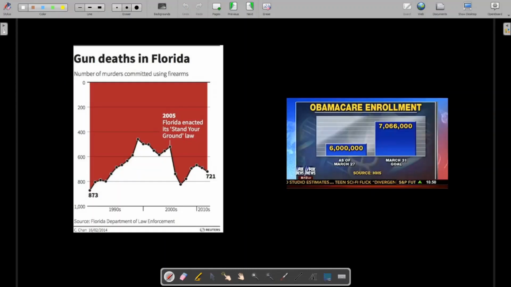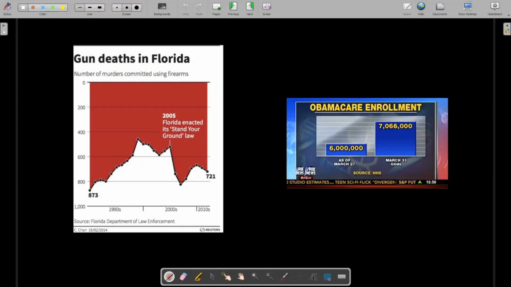And 2 more examples they have that represent other poor graph making. This one on the left is probably my favorite. It's the number of gun deaths in Florida, and the graph tells you the number of murders committed using firearms.